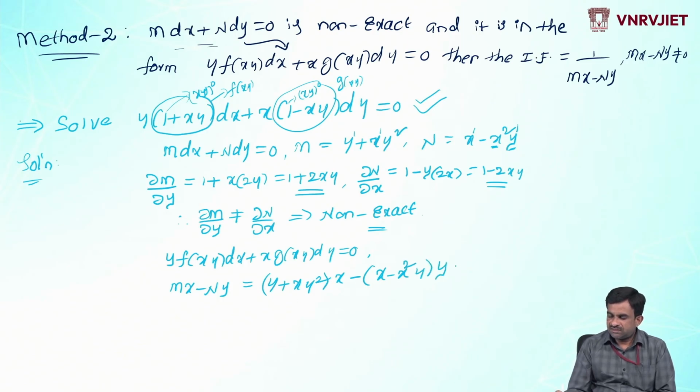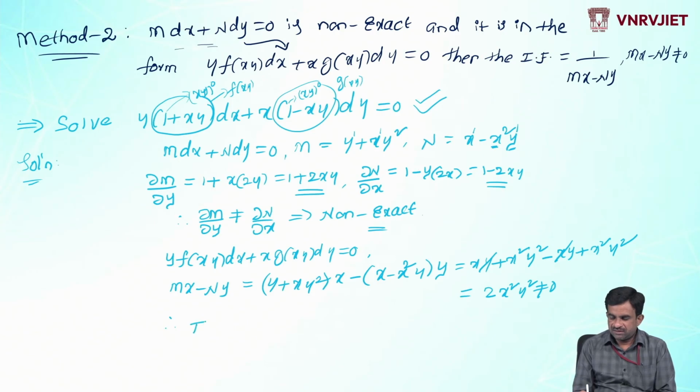If you simplify this, it is equal to xy plus x square y square minus xy plus x square y square. So plus xy minus xy gets cancelled. So it is 2x square y square, not equal to 0.